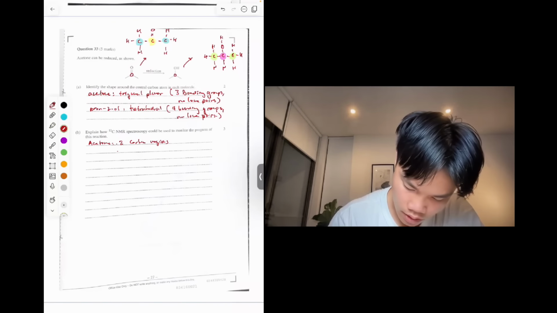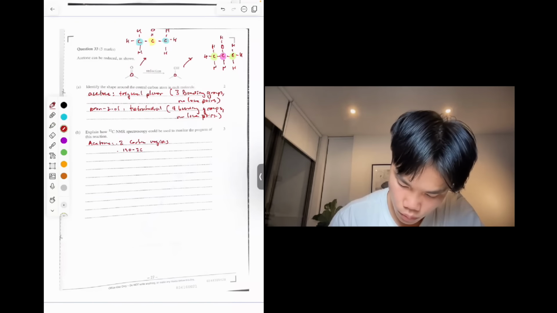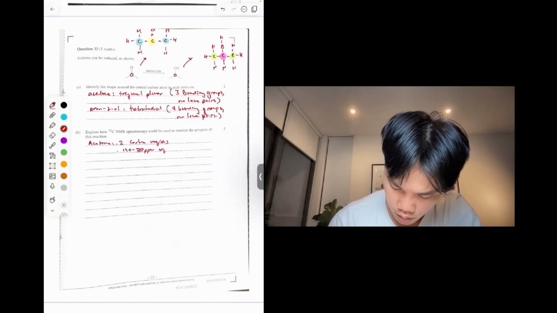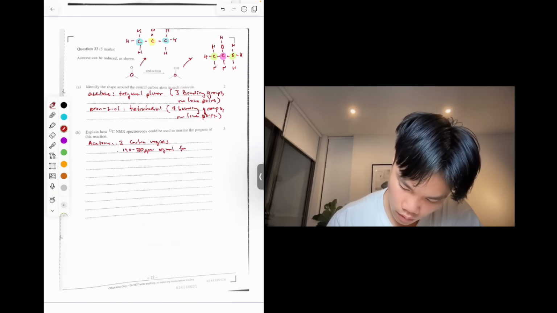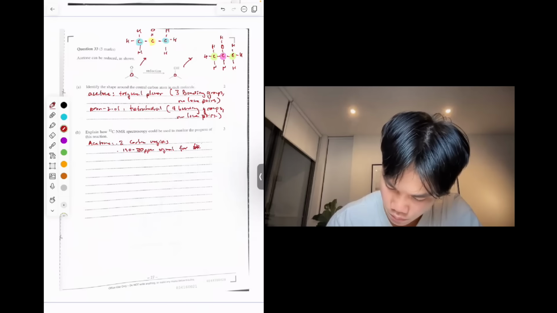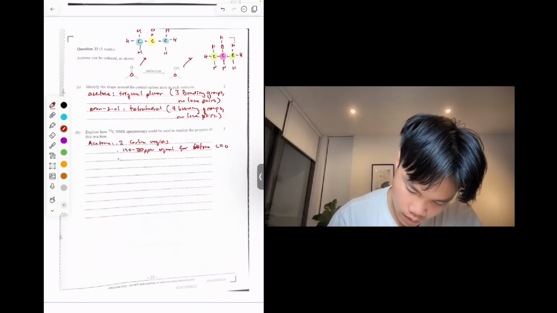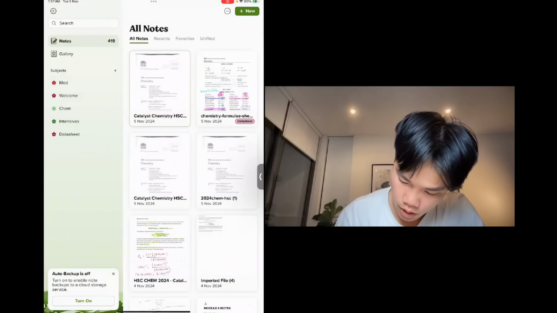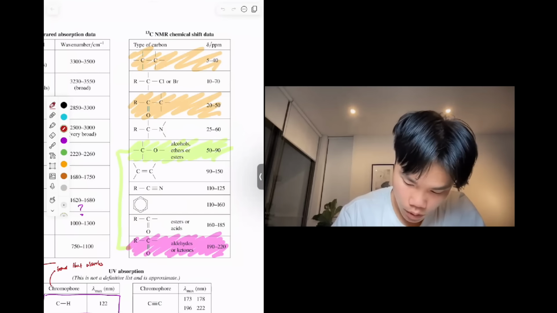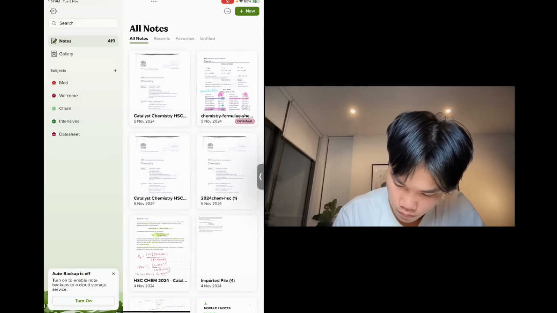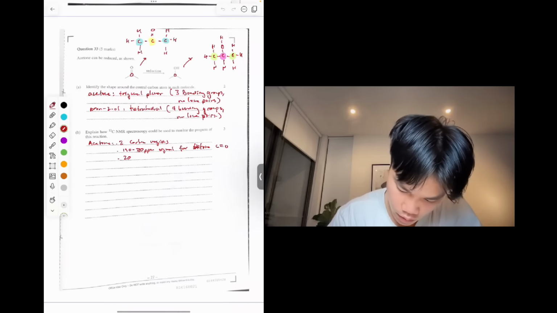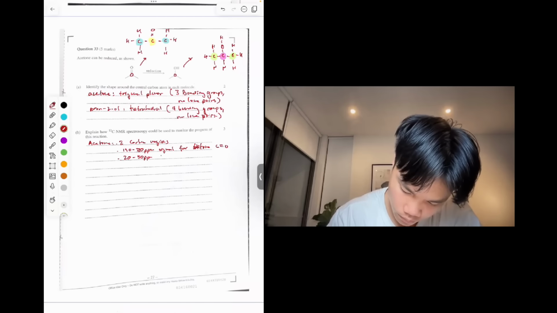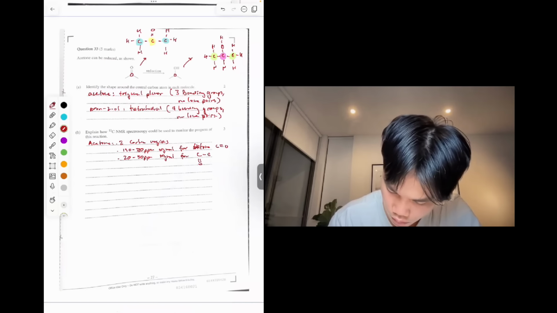It has the 190 to 220 ppm signal for ketone, C double bond O, and it has a, I think it was 20 to 50, just going back to check. Yep, 20 to 50 ppm signal for C to C.